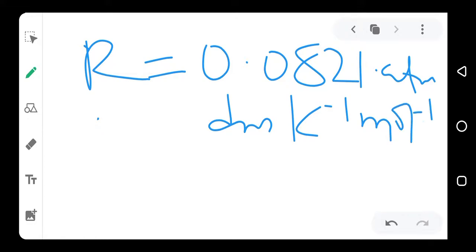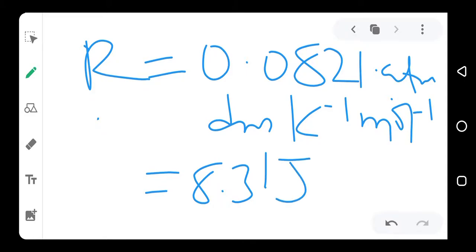So when the unit of pressure given to us is in ATM, we use this value. Then we have this value also as 8.31 joules per mole per Kelvin.